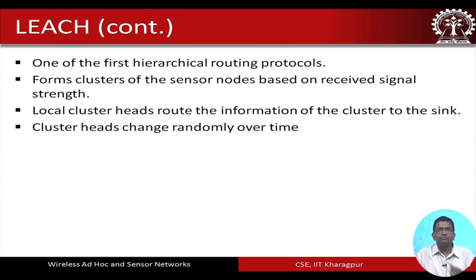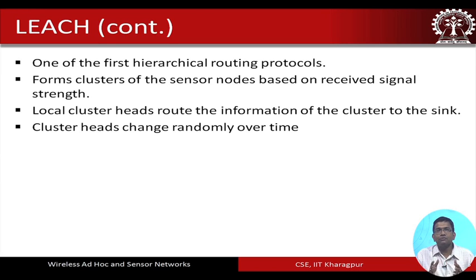messages. It is one of the first hierarchical routing protocols, which means that different clusters are formed using different sensor nodes based on certain metrics, maybe the received signal strength, and the local cluster heads route the information of the cluster to the sink, and the cluster heads change randomly over time.